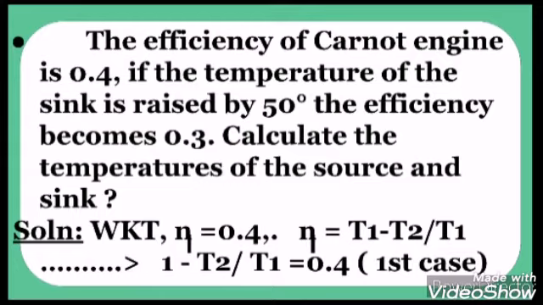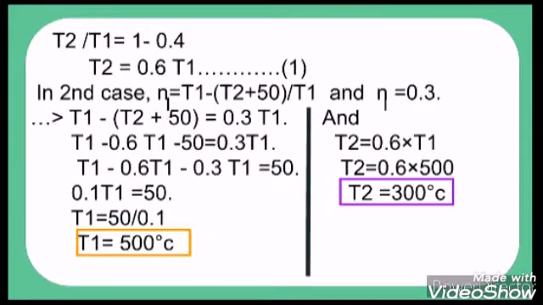By substituting the value of efficiency of Carnot engine for first case, we get 1 minus T2 by T1 is equals to 0.4. On further calculation, we get T2 by T1 is equals to 1 minus 0.4. By subtracting 0.4 from 1, we get T2 is equals to 0.6 into T1. This equation is considered to be equation 1.